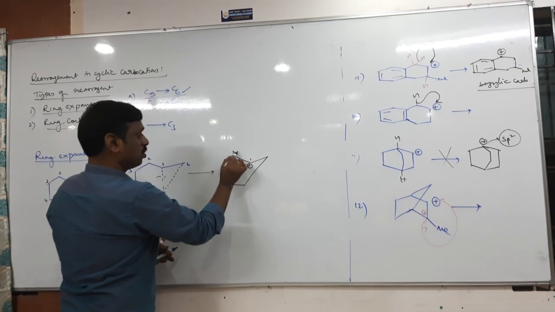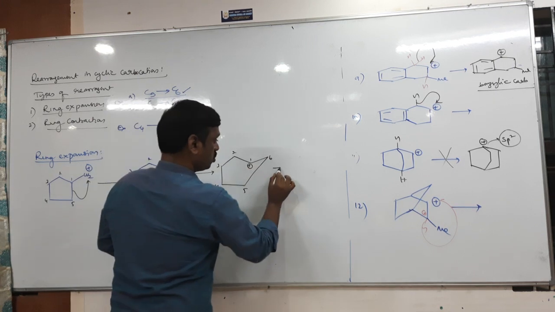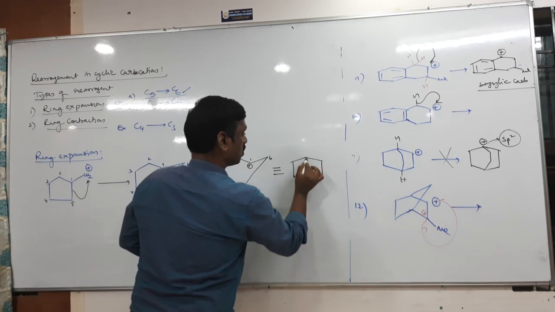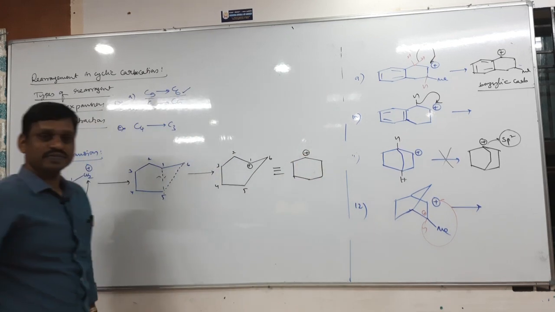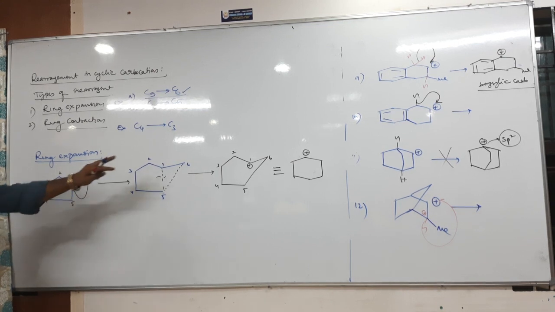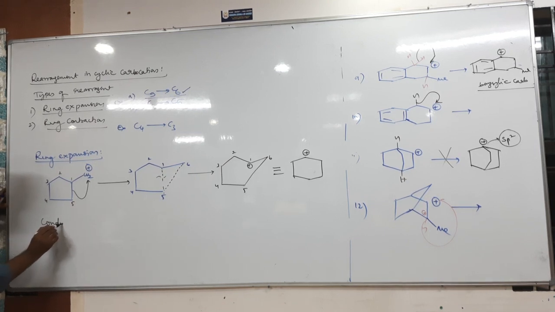Therefore, this is 1, 2, 3, 4, 5, 6, which is equal to this, right? It is called ring expansion. A 5-membered ring converts into a 6-membered ring. For ring expansion, there is one important condition where the ring expansion takes place.